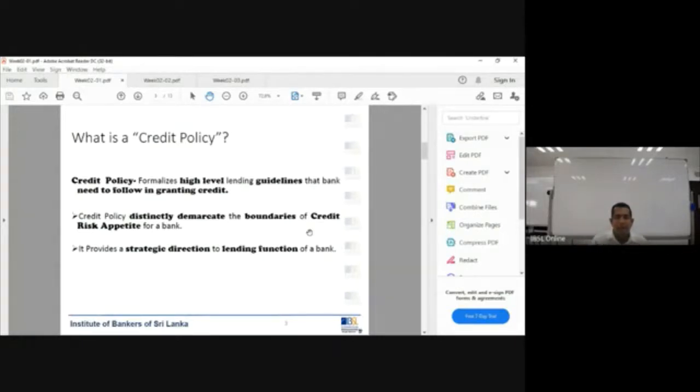The aim of market share driven culture is to get everyone. In that scenario, good and bad, it is a mix. Whereas the first scenario, it is completely good customers, right? So all these processes are governed by the credit policy, right? It provides a strategic direction to the lending function. Credit policy gives the strategic direction to the lending function.